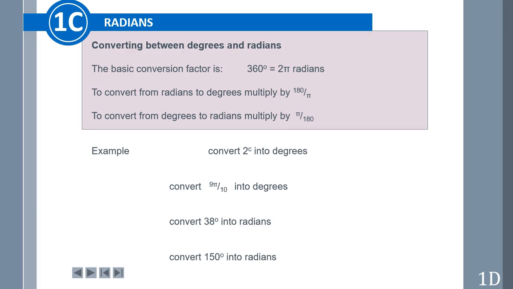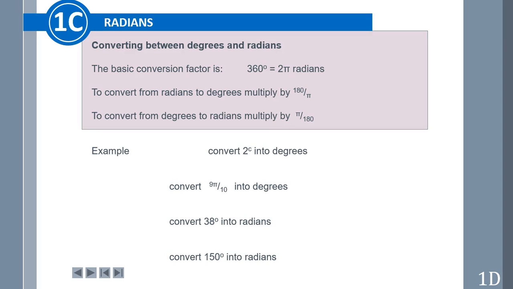By the end of this course, we want to be able to convert between degrees and radians. If they give you a problem in degrees, you want to be able to convert it into radians and vice versa. The easiest way of remembering it is that 2 pi is a whole circle, so 360 degrees, and half a circle is 180 or pi.